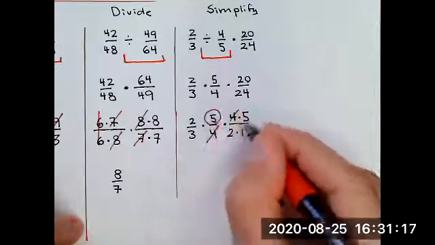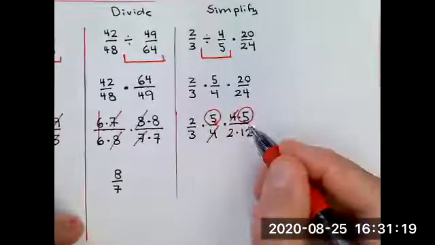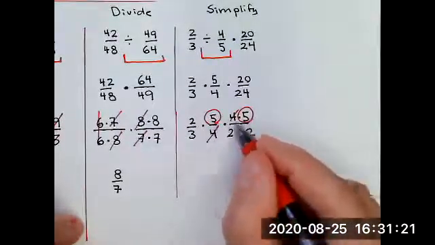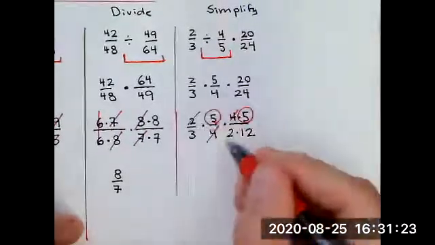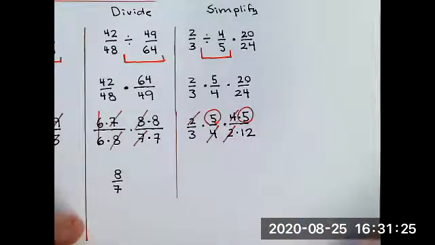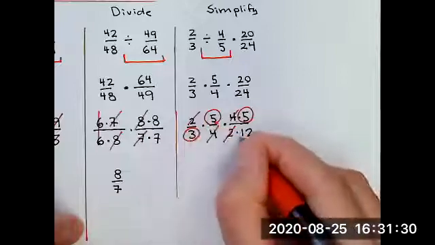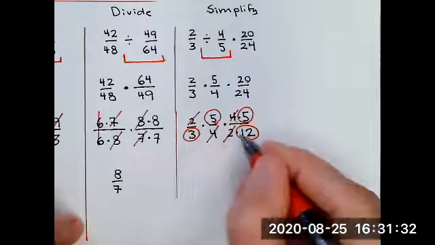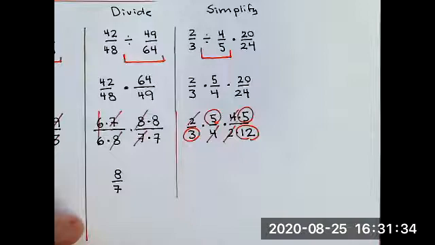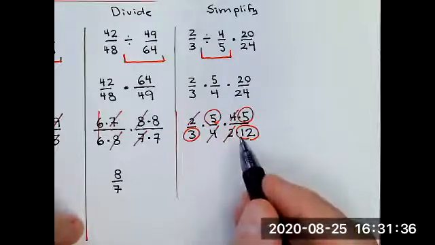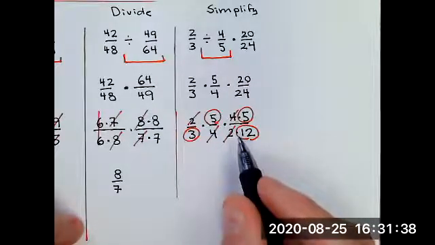I really want to cancel those 5s, but they're both in the numerator. So that does not cancel. I have 2 over 2 equals 1. And then the 3 goes into the 12, but they're both in the denominator.